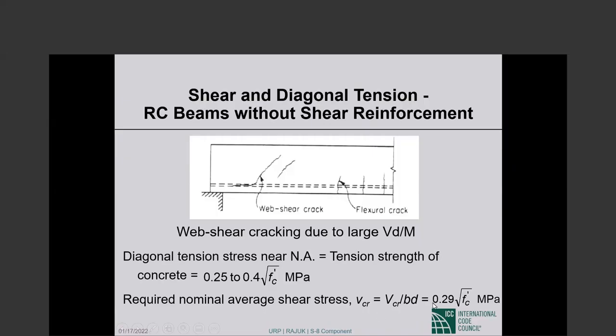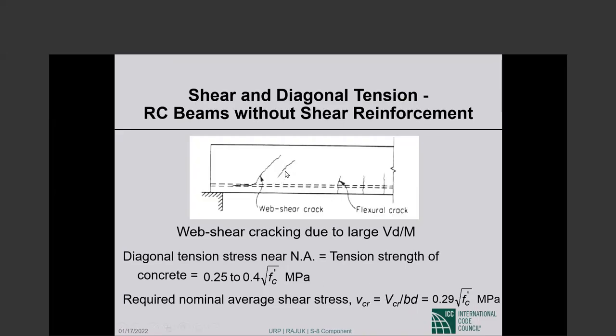We take it equal to 0.29 square root of f sub c prime. This is between 0.25 and 0.4. We are taking it as 0.29. So the expression for web shear cracking stress is 0.29 square root of f sub c prime.